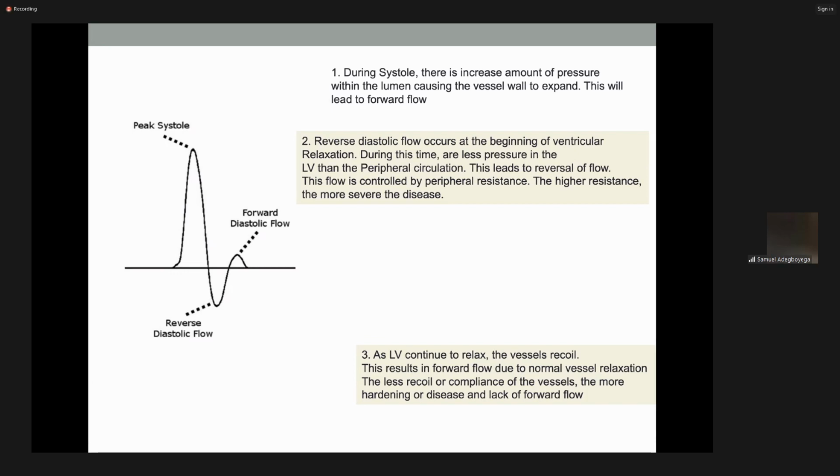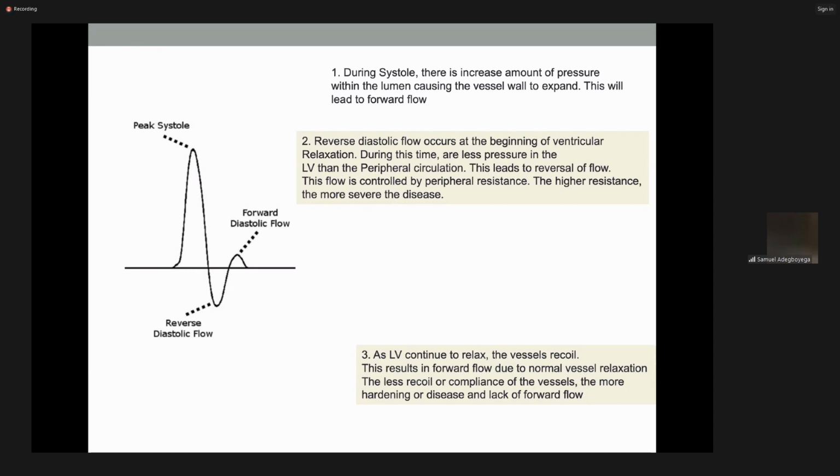I didn't bring that up during my review because I forgot. And when I was getting ready for your review session, I was like, oh, I need to bring it up. Very important. So basically, remember your biphasic 1 is when you don't have reverse diastolic flow. Biphasic 2 is when you don't have your forward diastolic flow. And if you don't have that forward diastolic flow, most of the time what's really happening is that your vessel's not recoiling, and that could be due to a lot of things.